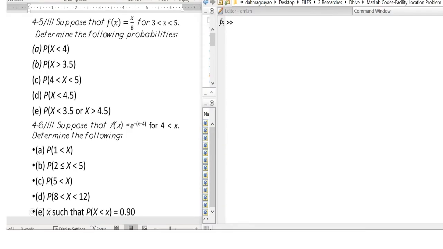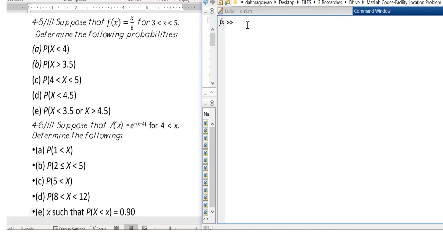So for this problem, we have the density function given by f of x equal to x over 8. Again, we define the symbolic variable x with f of x such that f is equal to x over 8. If we're going to plot this, we use ezplot of the function f for the interval from 3 to 5.